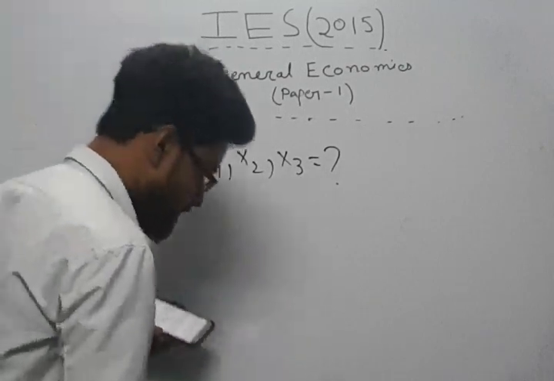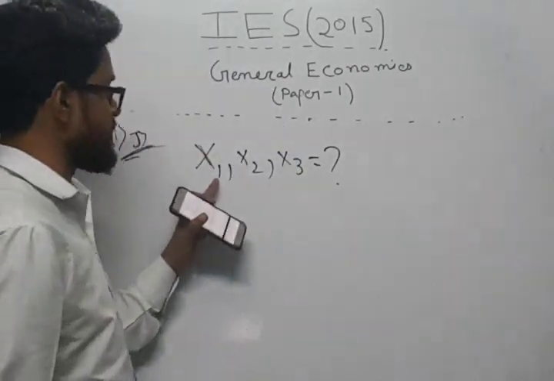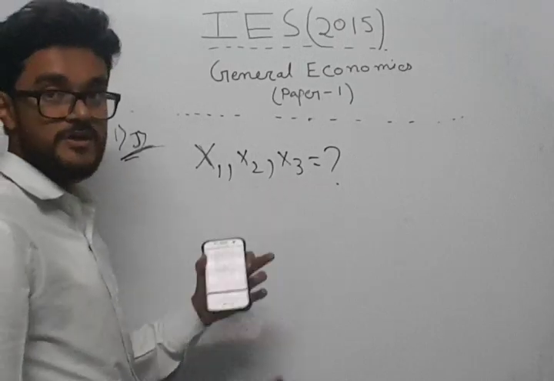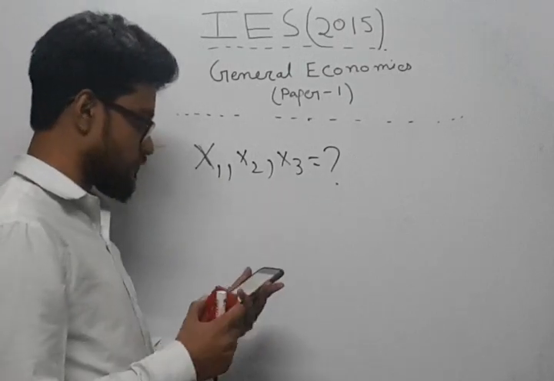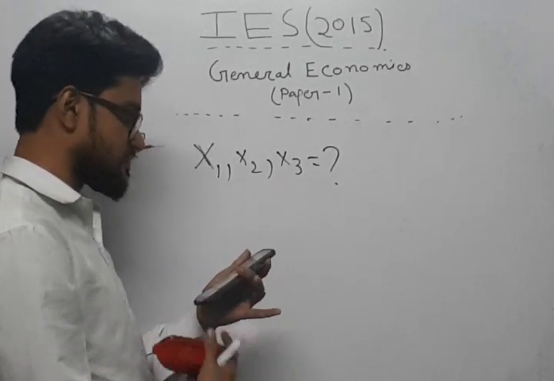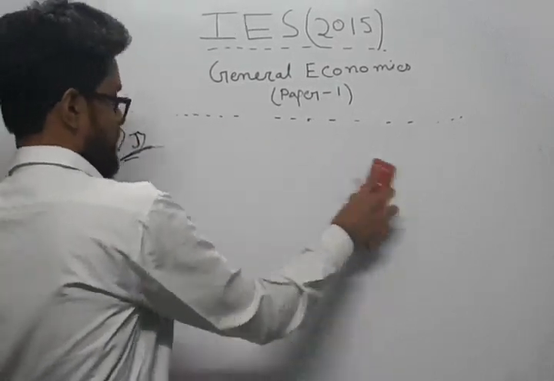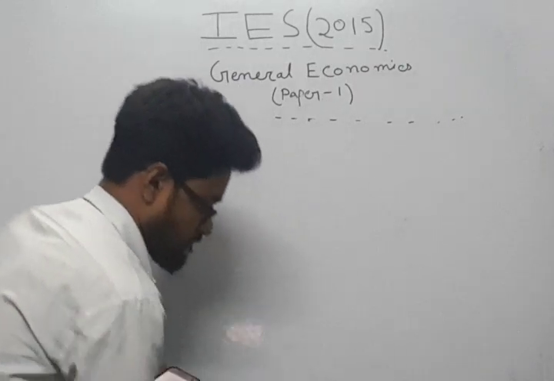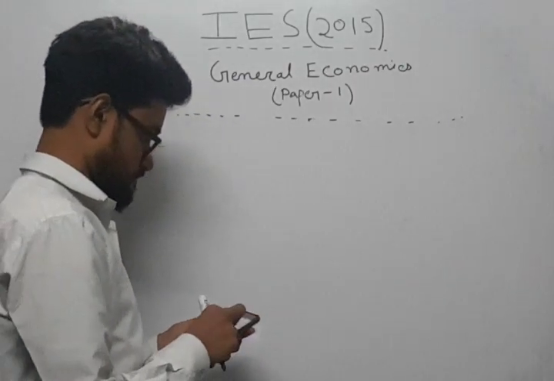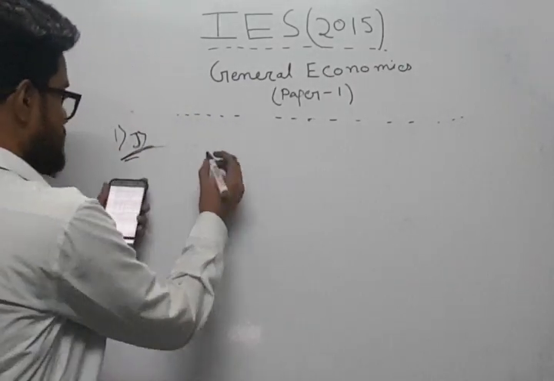So first, we know we have to find out the values of x1, x2, x3. But first we have to write down the matrix and vector, which goes like this.